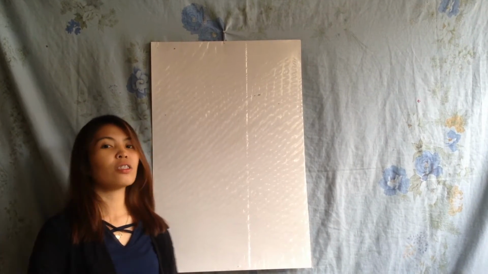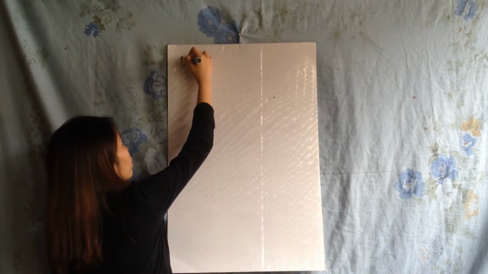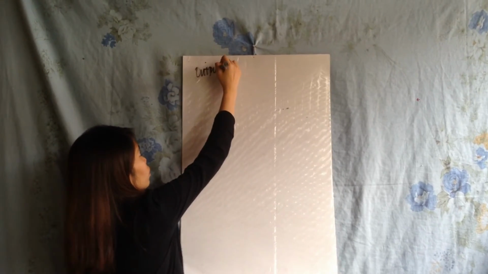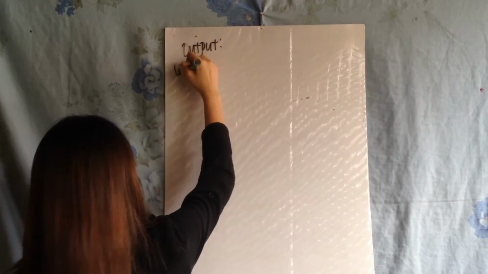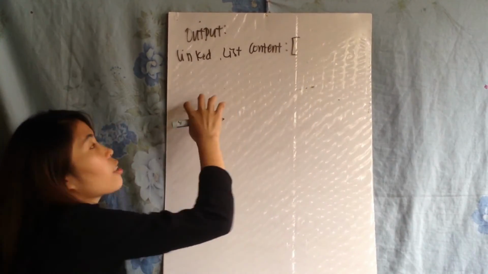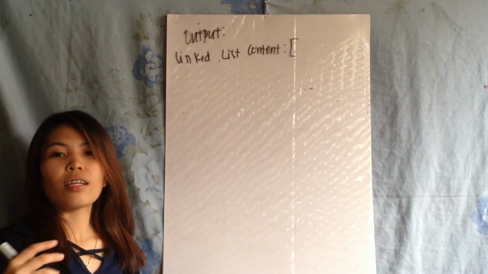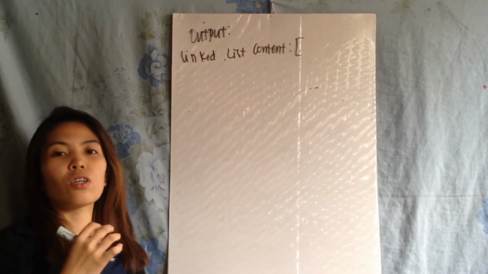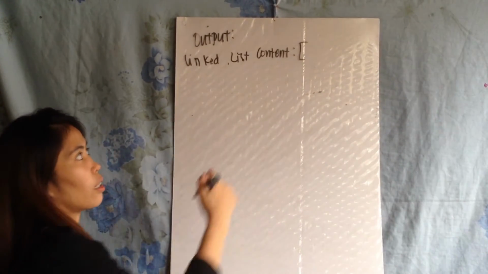So, ngayon, ipapakita ko naman sa inyo yung output na ginawa nating program. So, para dun sa output ng display linked list content natin, ganito siya. Ito yung magiging output nun. Dito dun sa display linked list content natin, ipapakita lang natin doon yung laman ng linked list natin.